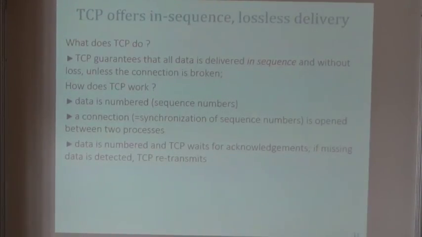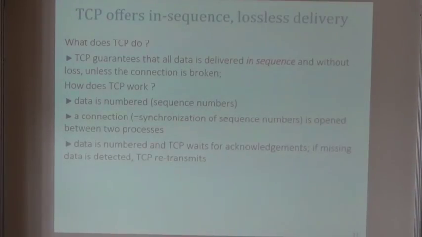So delay is the difference. TCP does a wire emulation but does not care very much about delay. TCP is not meant to provide a low delay service. If you need a low delay service, you can use TCP, but it's not guaranteed that you will always have low delay. If you really must have low delay, you have to use UDP and then manage reliability in your own way.